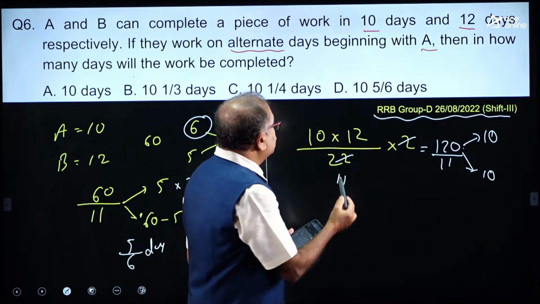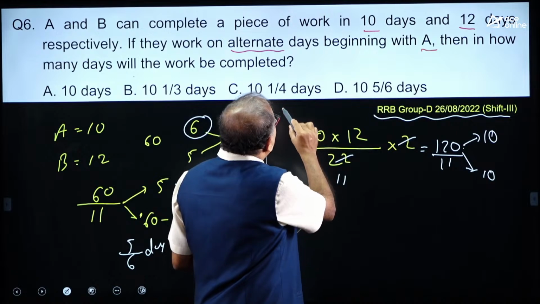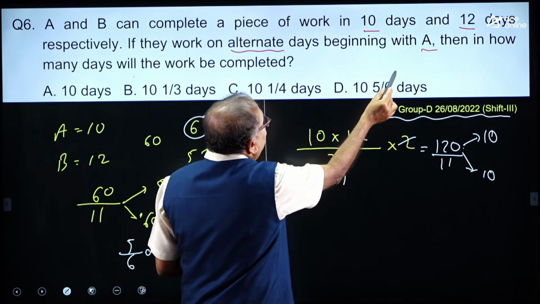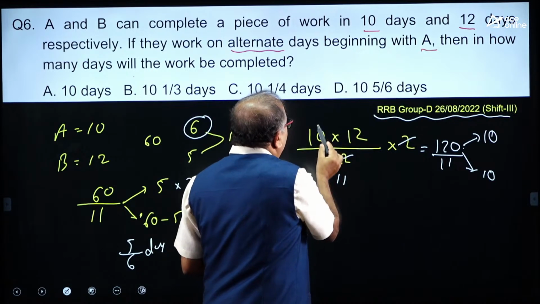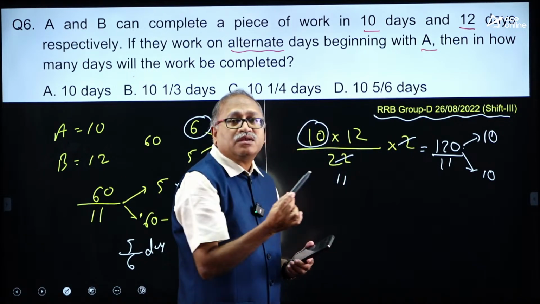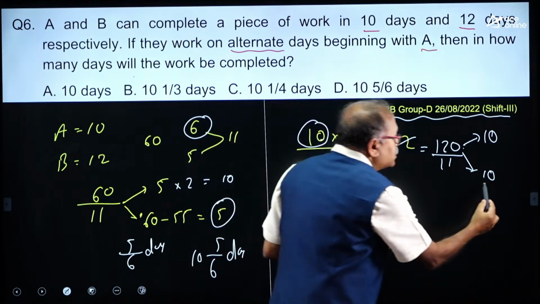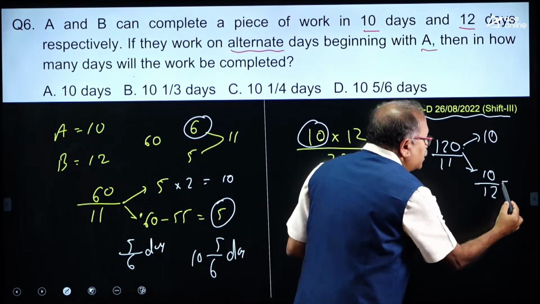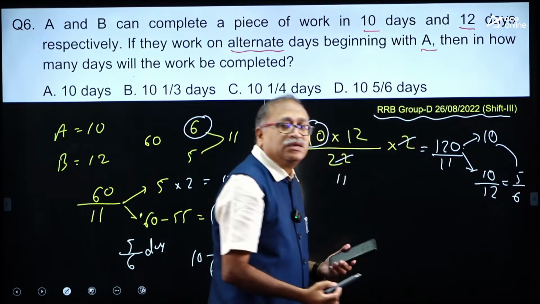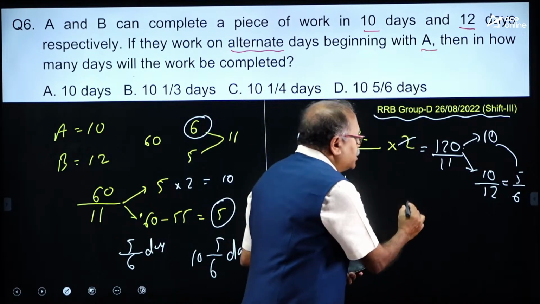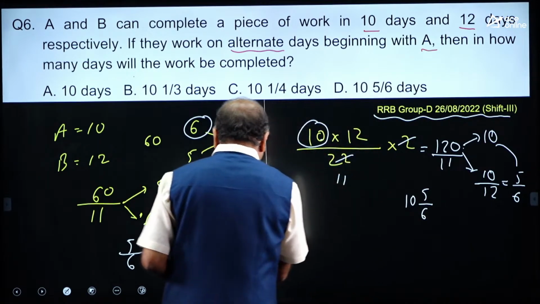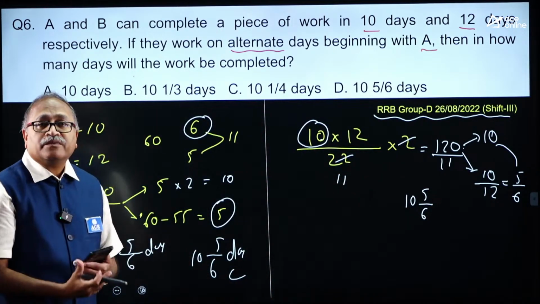Who will complete these 10 units? Who has started this work? It is A. 120 divided by 10 is 12. So this is 10 divided by 12. What is this? 5 by 6. So what is my answer? 10 plus 5 by 6, and that comes to 10 5 by 6. That is the same as I am getting over here.